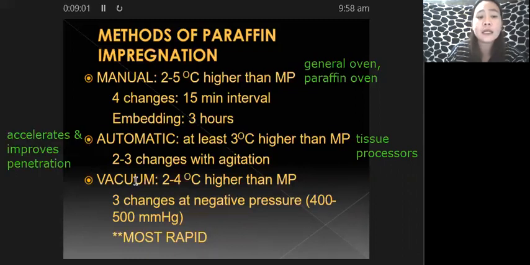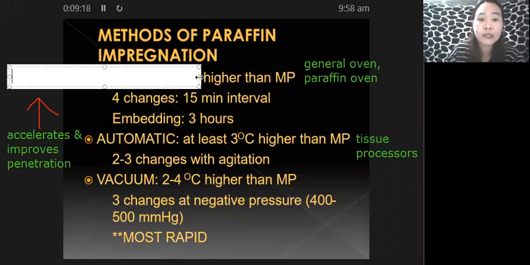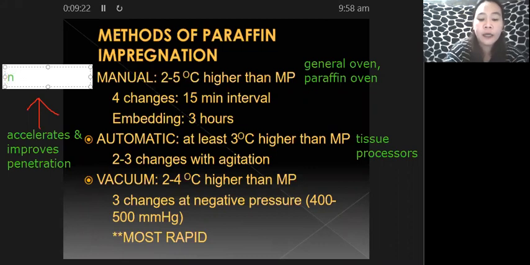Since the penetration of your wax is improved in the presence of agitation, this will eventually lead to more consistent results, as compared to your manual tissue processing.